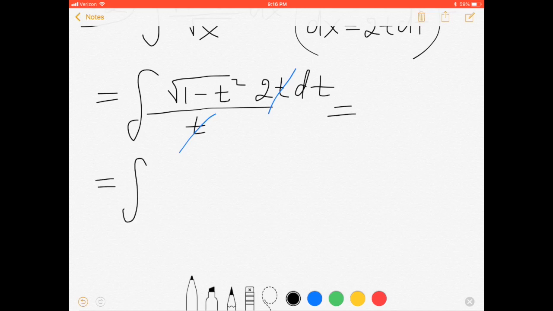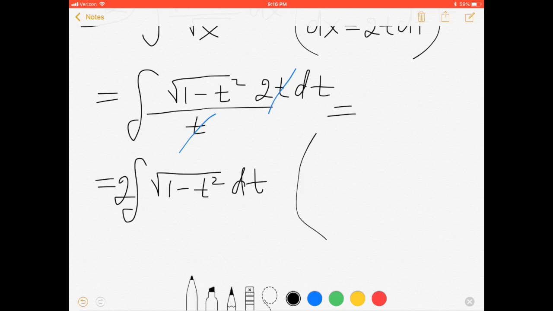We have the integral of the square root of 1 minus t squared, maybe the 2 goes out, and this is half dt. Now it's ready for trigonometric substitution. This is the first type of integral.